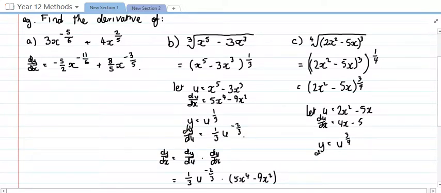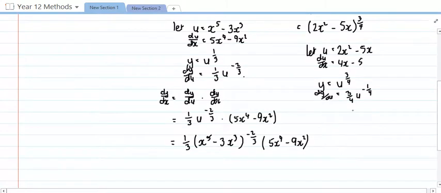So that means that dy du is going to be 3/4 of u to the power of negative 1/4 when we take away 1 from it. Again, write out the rule. So dy dx equals dy du by du dx, and sub everything in.